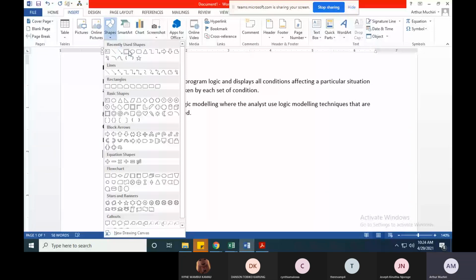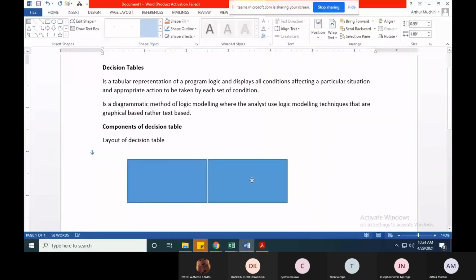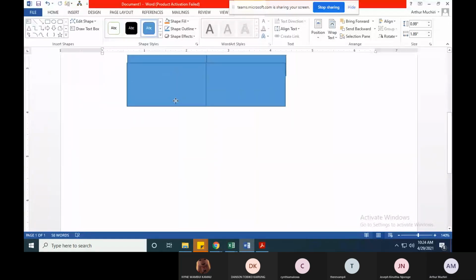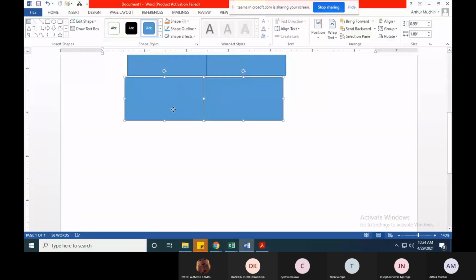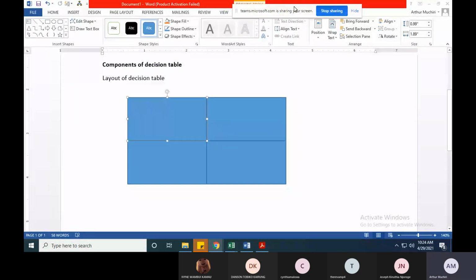We're going to divide it into four sections. So how am I going to do that? Yeah, so this is my table here.